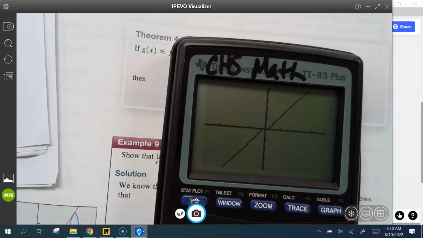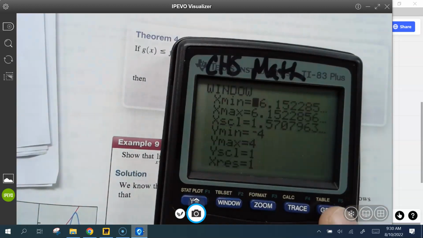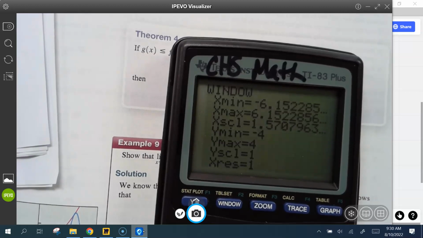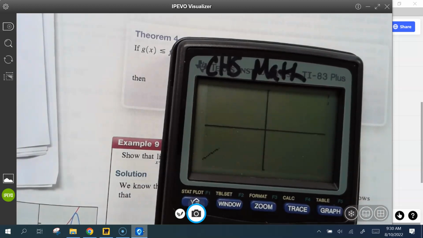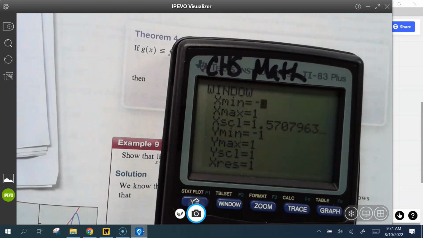Doesn't look like it's doing too much, does it? Let's zoom in. I don't even know if this is going to give us enough to start seeing the oscillation. -1 to 1. Oh, I'm starting to see it. I really want to zoom in some more. Remember, because I'm approaching 0, I can't quite see what's going on here as I approach 0. So let me change my window to -0.1, 0.1, 0.1.